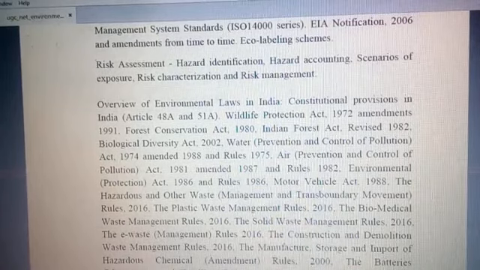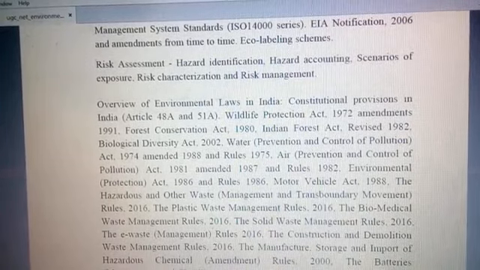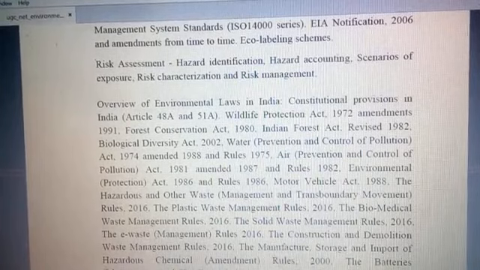Motor Vehicles Act 1988 and the Hazardous and Other Wastes Management and Transboundary Movement Rules 2016.